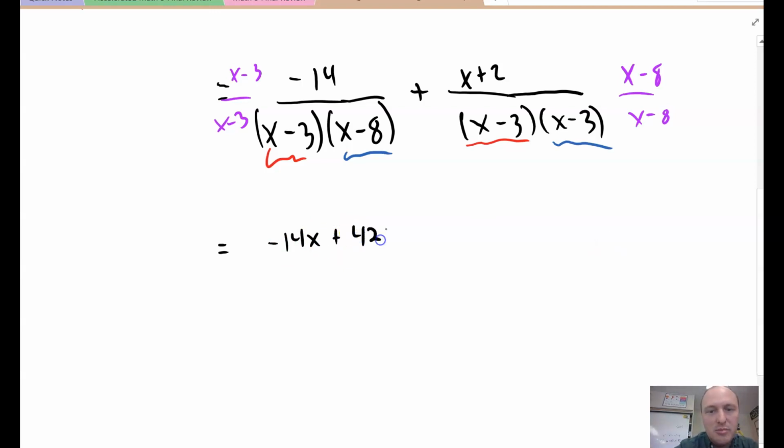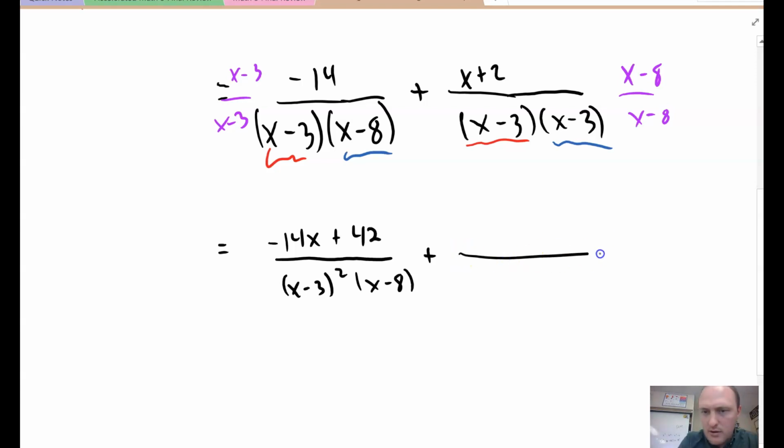Which turns into plus 42 over x minus 3 quantity squared times x minus 8. Plus, over here, we get x squared minus 6x minus 16 over our denominator.